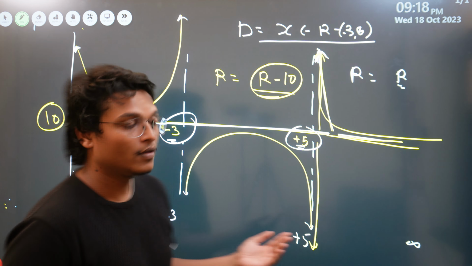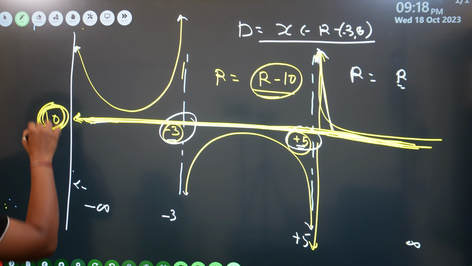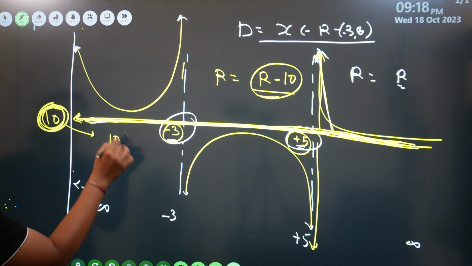So range is, see, this is not touching this line. If it is not touching this line and the point at which the line is drawn is 10, it means 10 is not included in range. You start from negative infinity, so the line is going till negative infinity. From negative infinity, except 10, we are going to positive infinity.